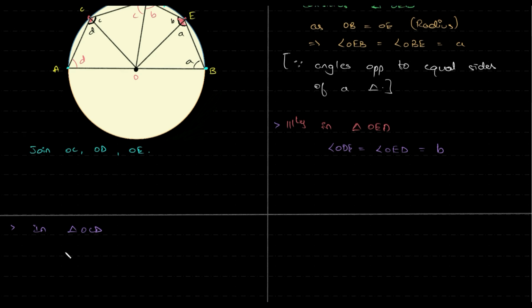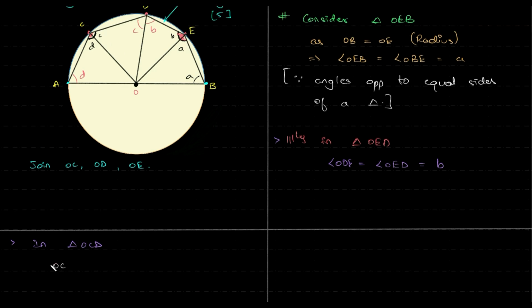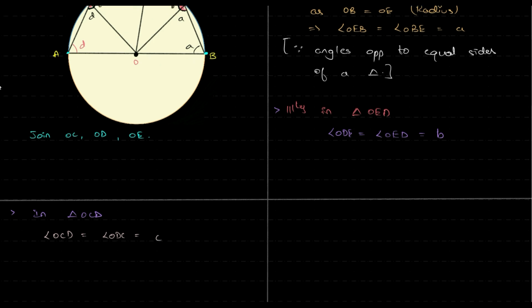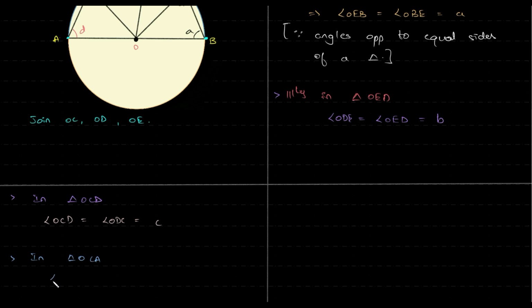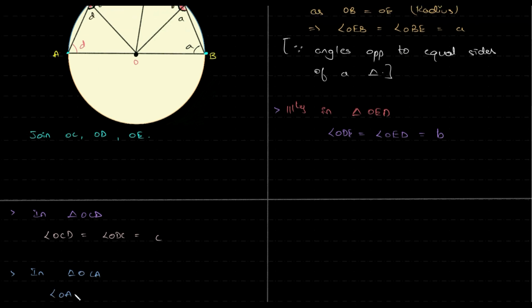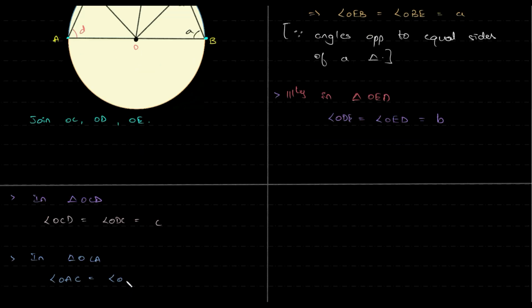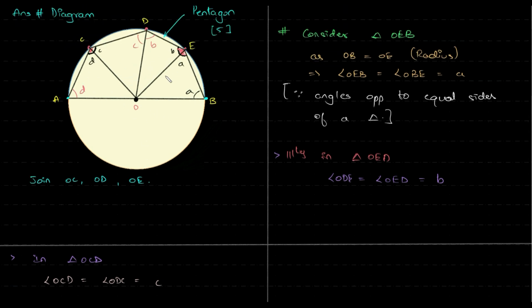We have angle OCD equal to angle ODC, equal to C. And in triangle OCA, we have angle OAC equal to angle OCA, and that will be equal to D. So all of these angles are equal to A, B, C, D.